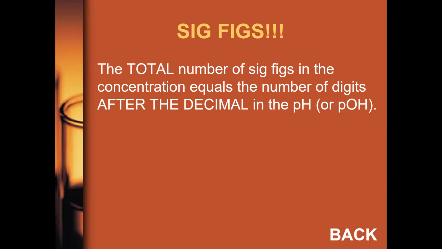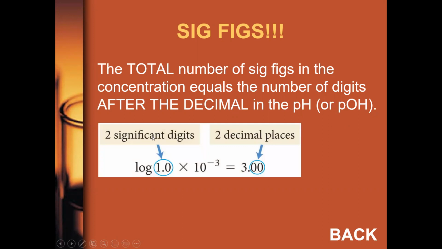So on my previous question, you can see here, if our concentration is 1.0 times 10 to the negative third, that has two significant digits. So that means that my pH or pOH needs 2 decimal places. My previous question had 2 decimal places for pH or pOH, meaning that my concentration needed 2 significant figures.